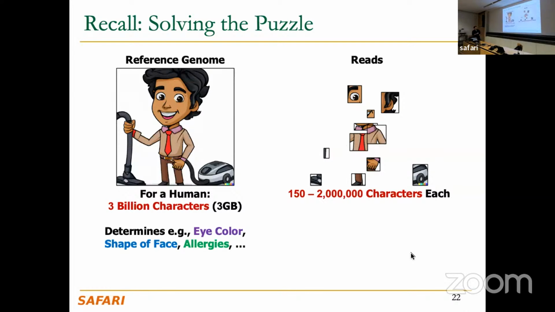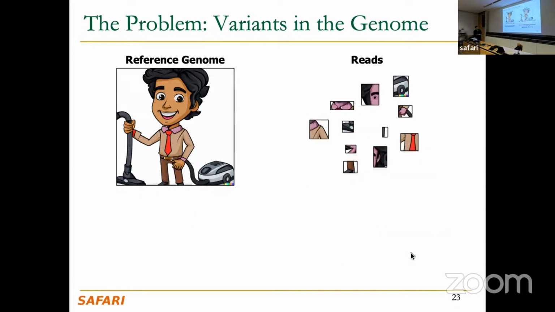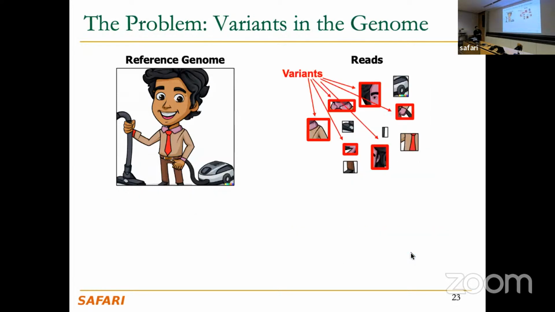So this is an illustration of the problem, again using the puzzle solving analogy. Here we have a human reference genome, which is, as I said, 3 billion characters in the case of human, and then we have reads, right? Your reads are not going to exactly match the reference genome.